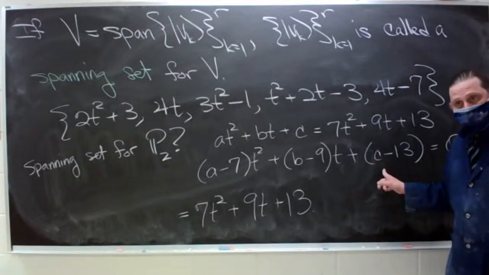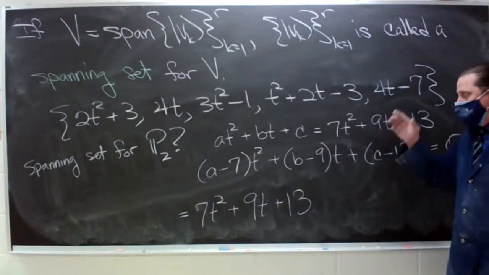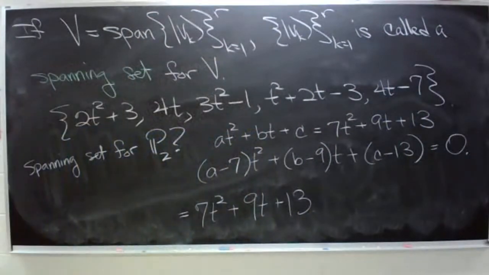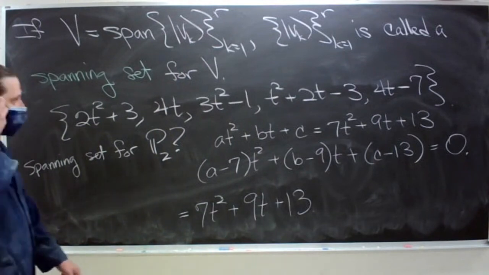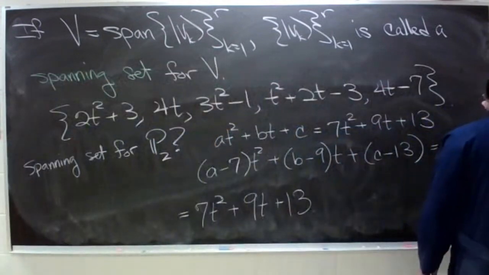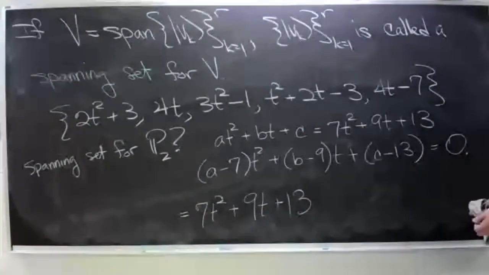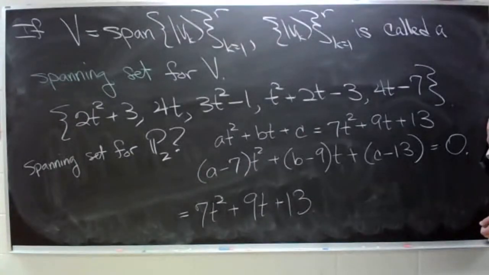The trivial linear combination. If the only way to get the 0 vector is the trivial linear combination, then the set is said to be linearly independent.